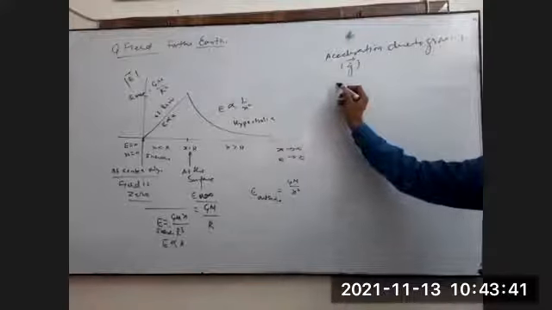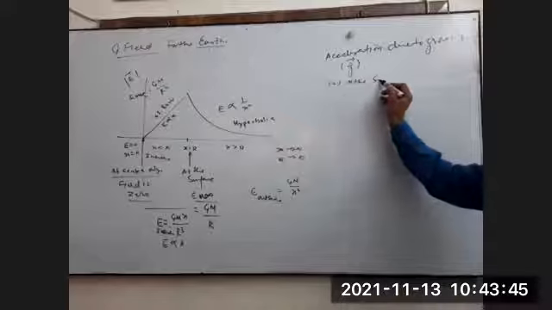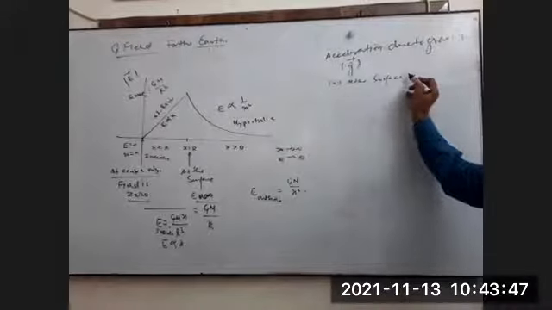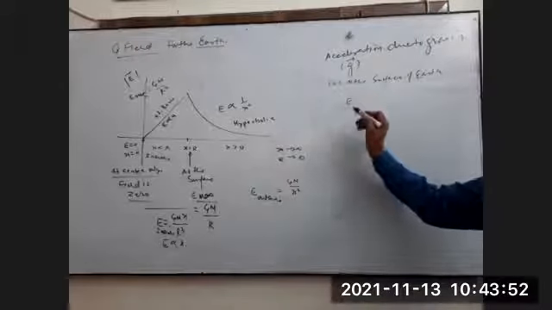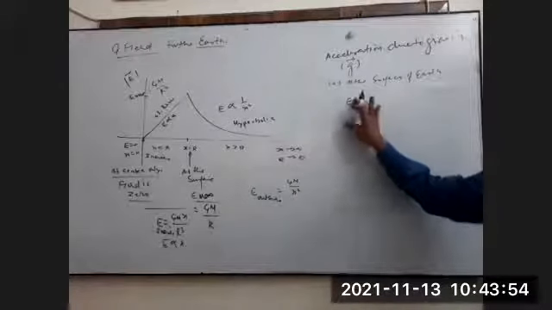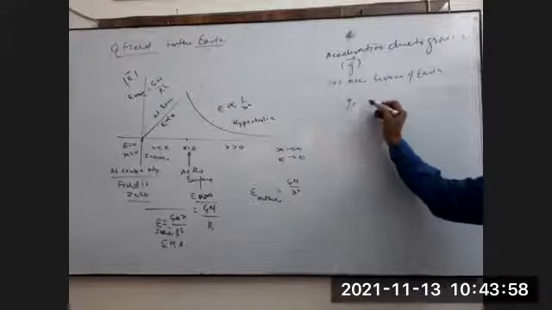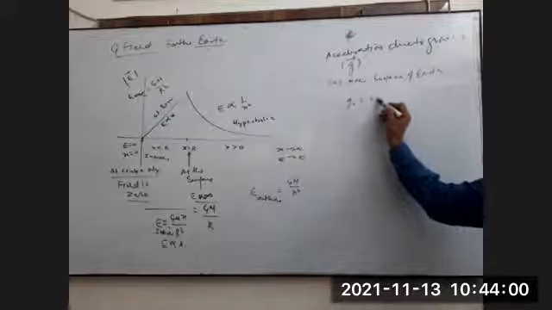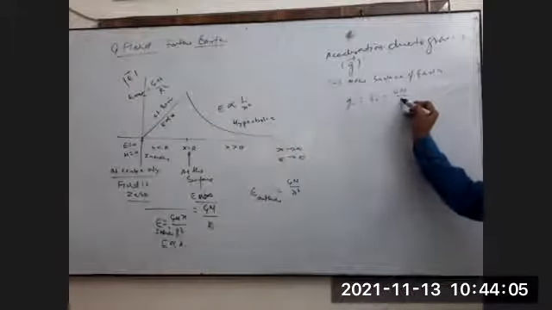So number A, at the surface of the earth, it is equal to E naught. It is actually G naught. The numerical value is equal to the E naught. And the value is equal to Gm upon r square.